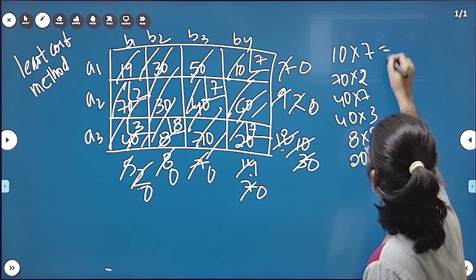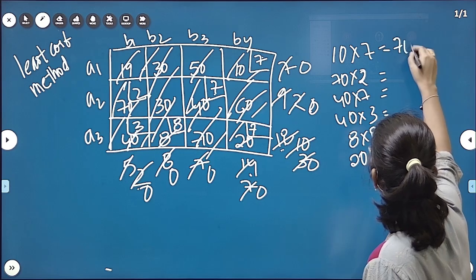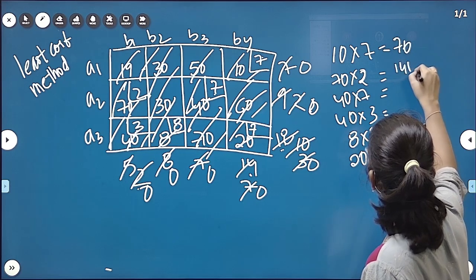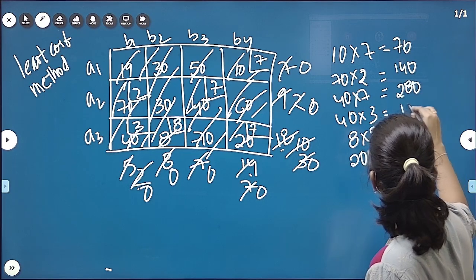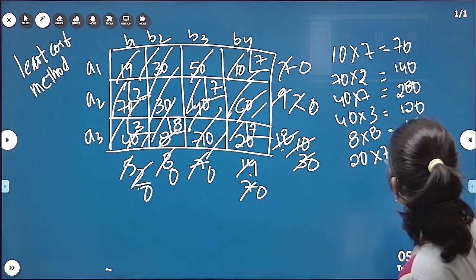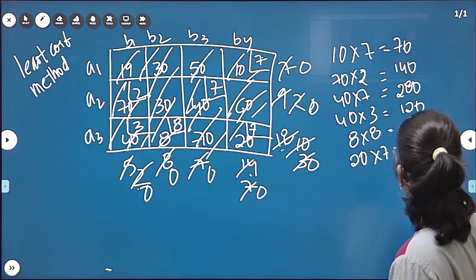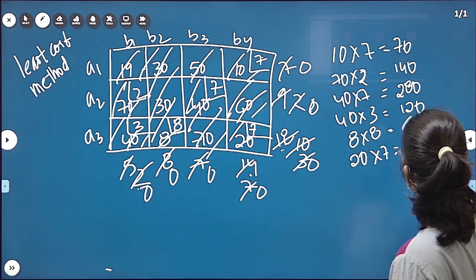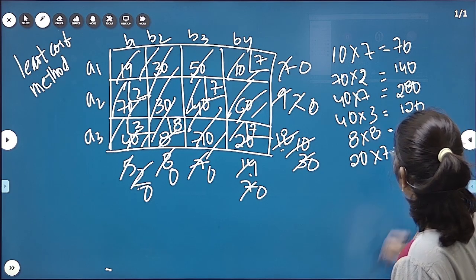So tell me the values. 70, 140, 280, 120, 16, sorry, 8 into 8 is 64. 140.